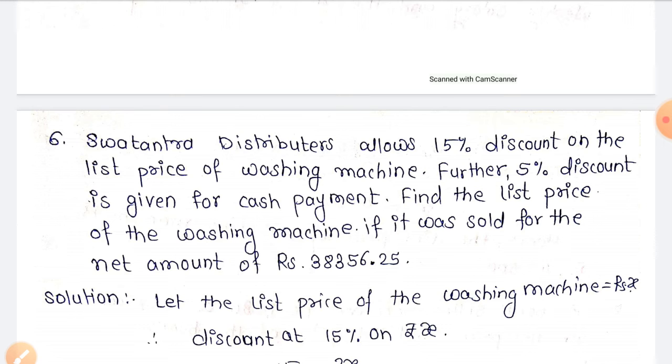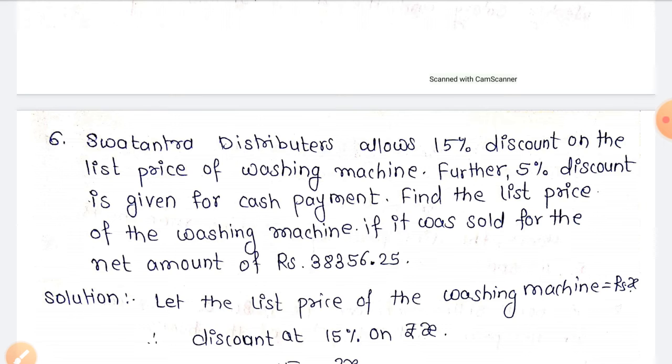Swatantra Distributors allows 15% discount on the list price of washing machine. Okay, after that 5% discount is given for the cash payments. 15% plus 5% cash payment. Find the list price of washing machine if it was sold for the net amount 38,356.25.